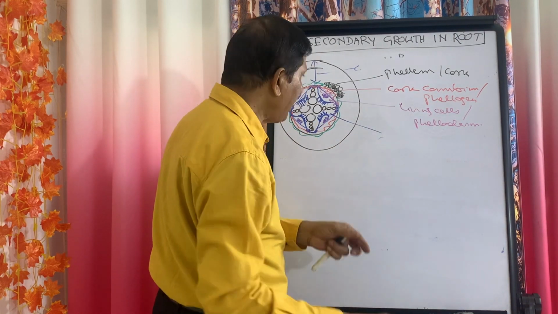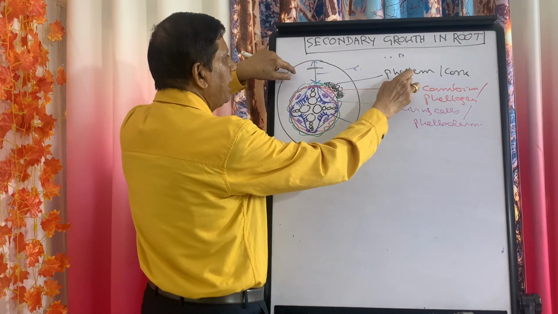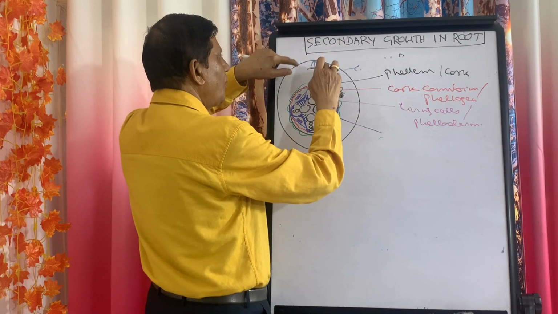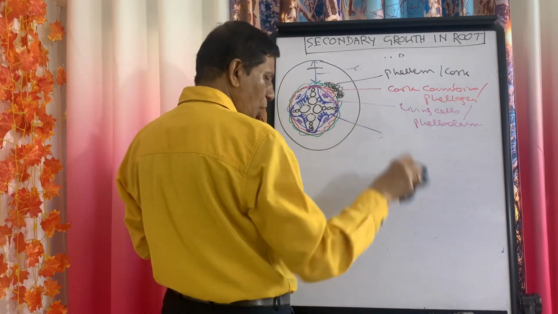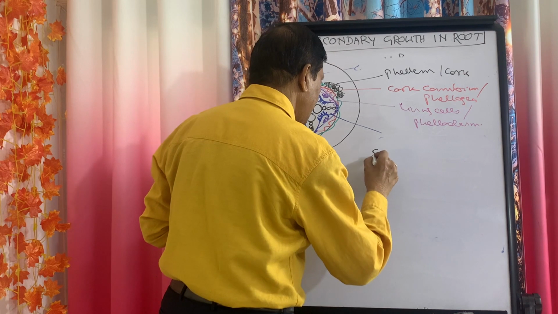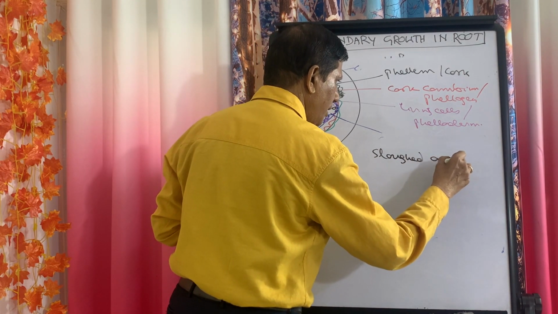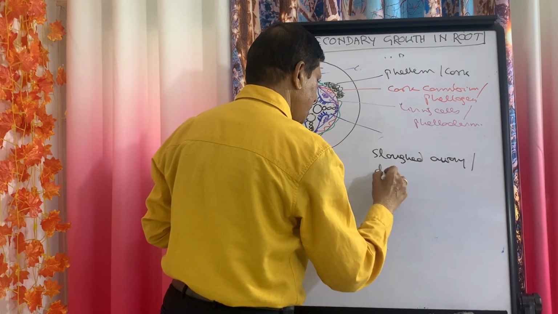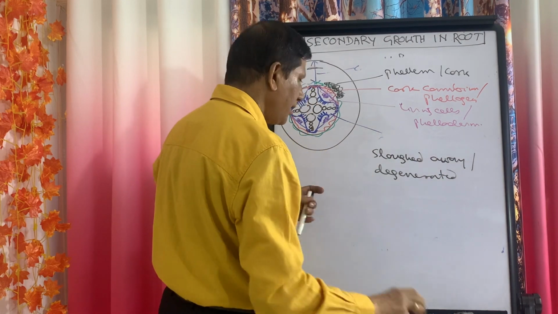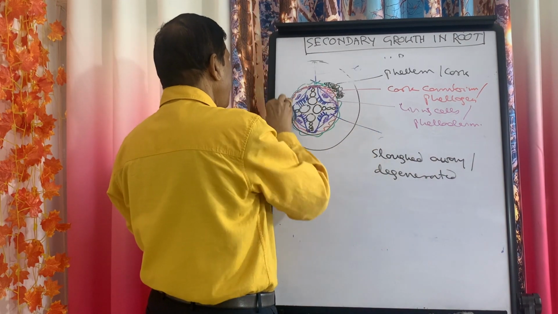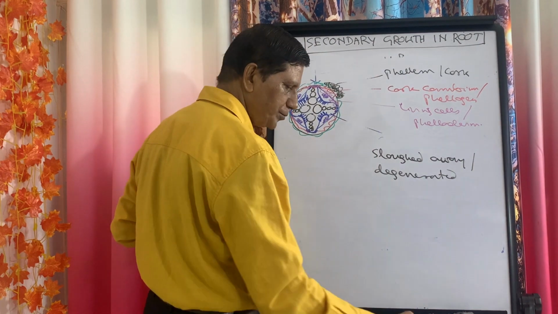Once this periderm is formed, the cells of the cortex and epiblema outside the phellem gradually get sloughed away, that is, they degenerate, so that the periderm becomes the outer part of the root.